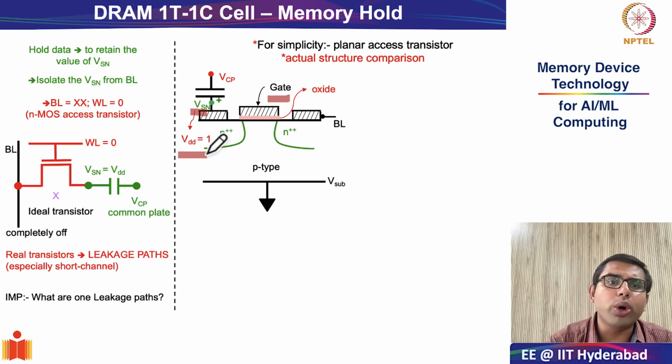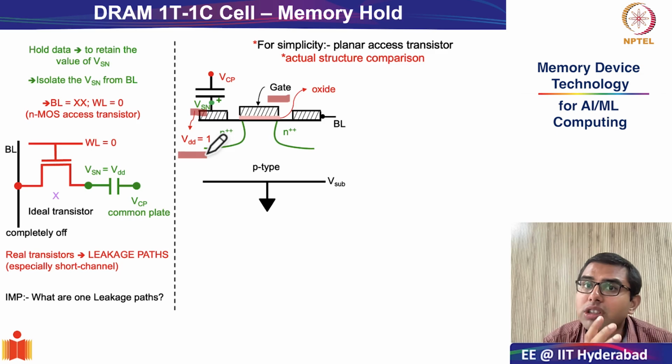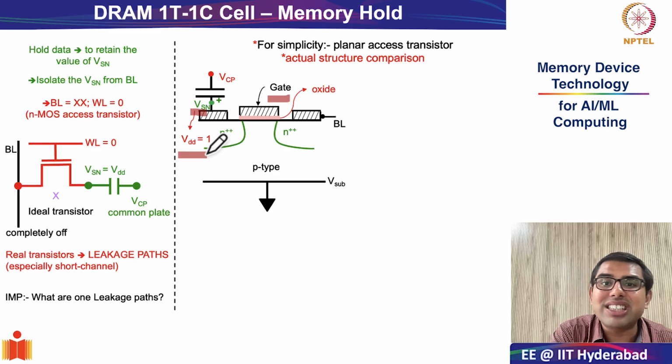Basically, you have stored a logic value of 1, or the voltage in the storage node is VDD. So under this most critical circumstance, what will be the different paths through which the charge in the storage node will start leaking out? Let us try to track them one by one.